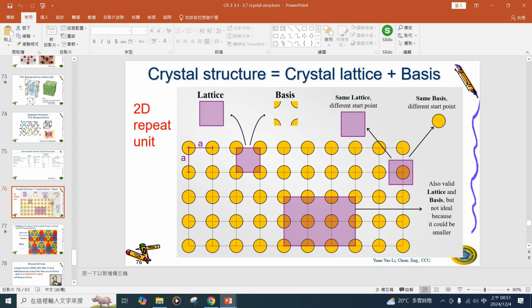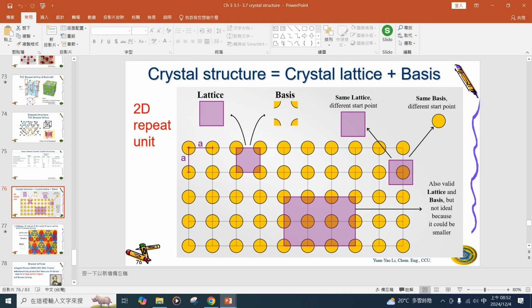How about this one? Can this be regarded as a repeated unit? Yes, right? Because this can repeat to this direction, to this direction. But the same basis, okay? But different start point. Okay, this is the same lattice, right? Same lattice.